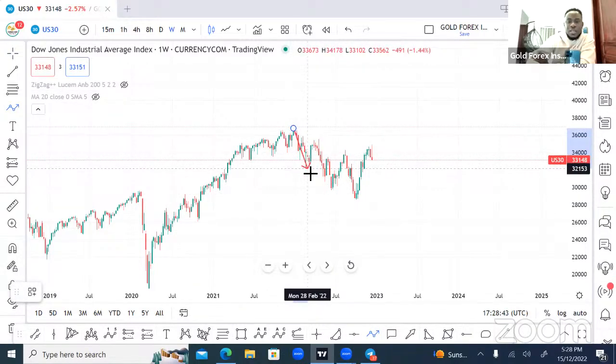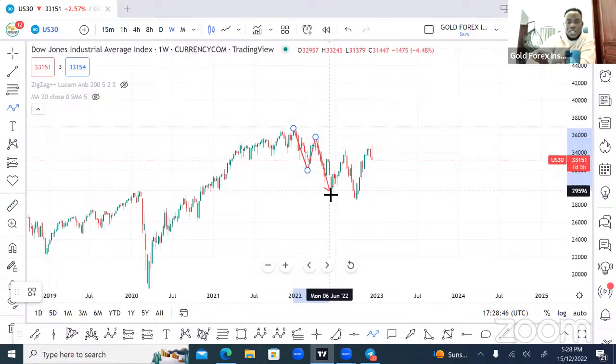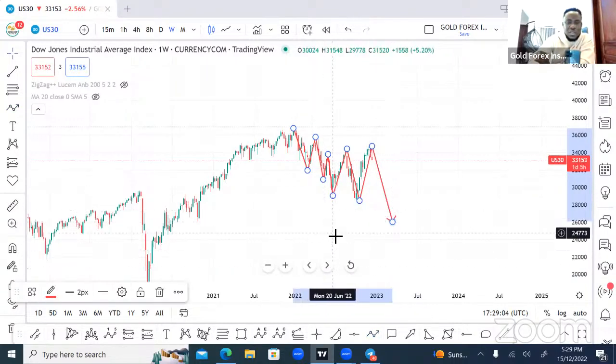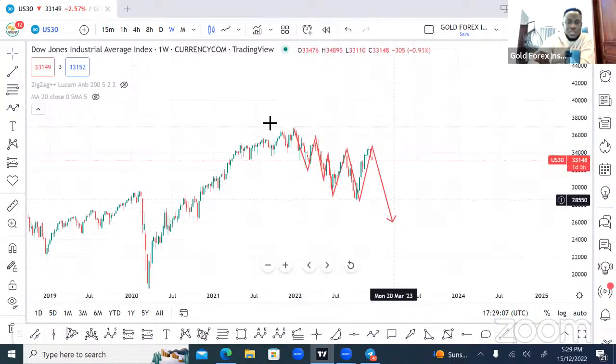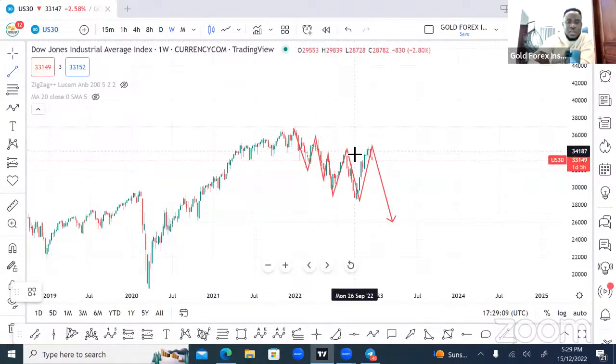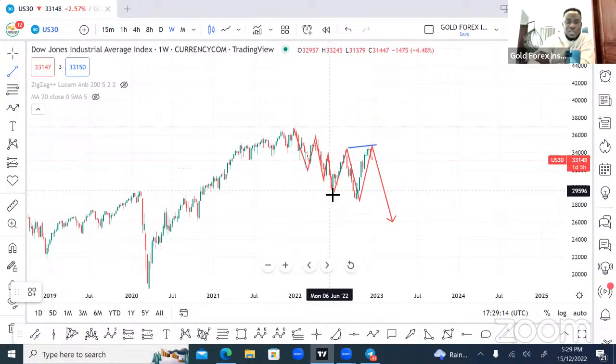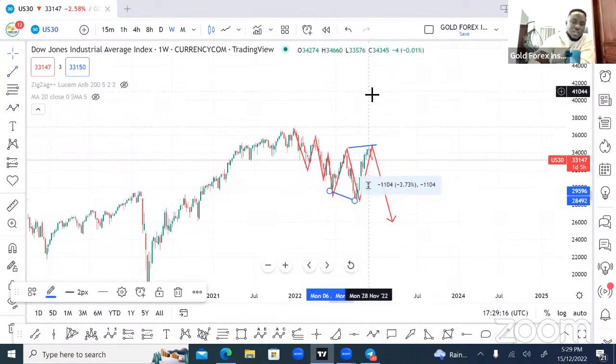If this will fall, then it's seeing this as this wave, then an ABC flat correction, then another five-wave move. But I don't expect it. I was expecting that this is just forming.